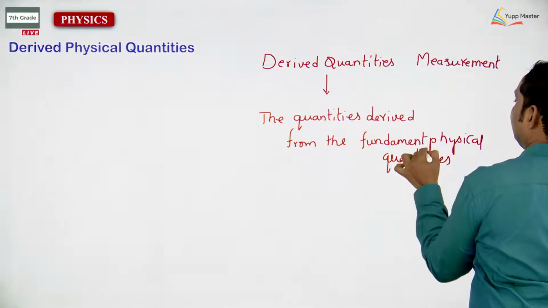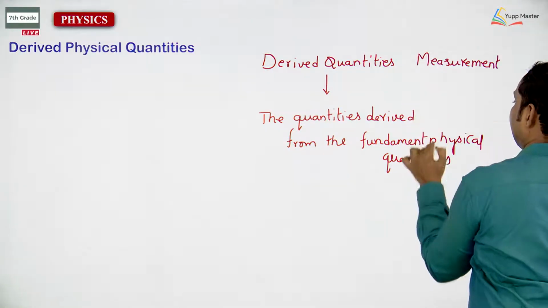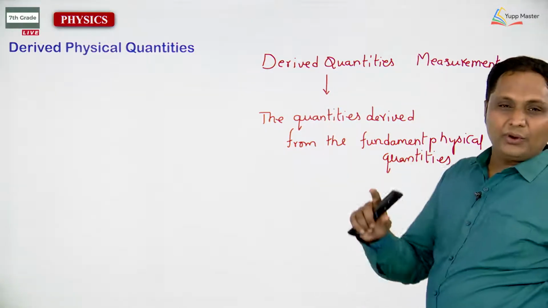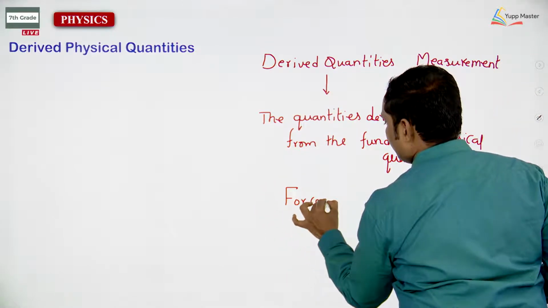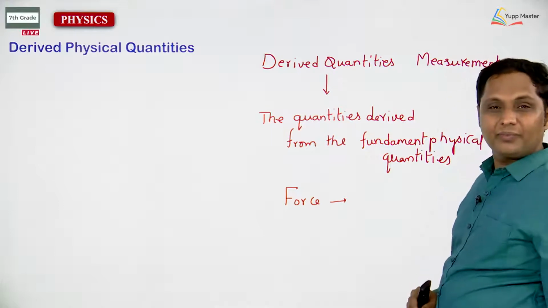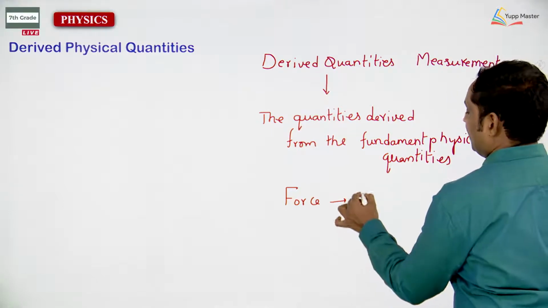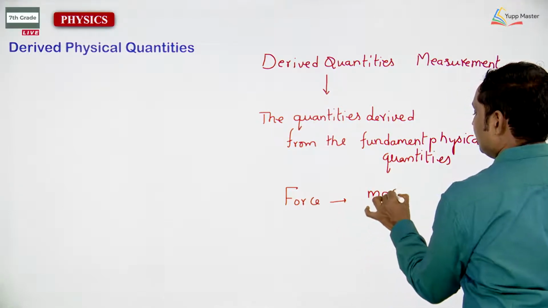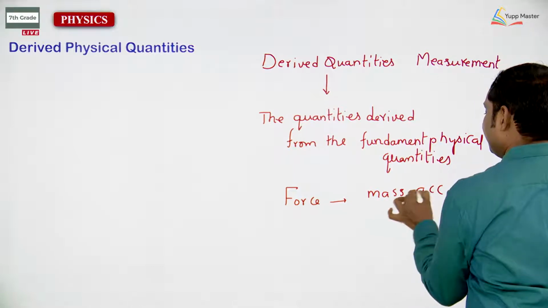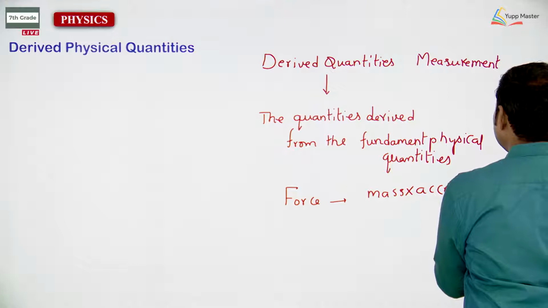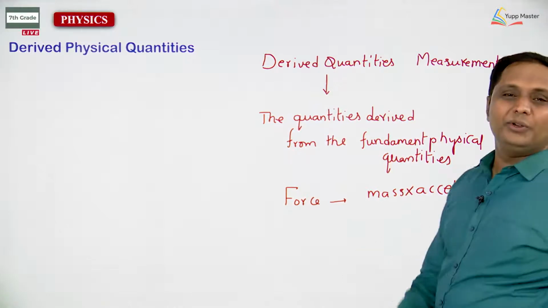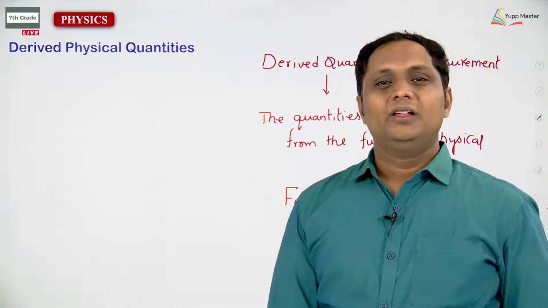Right, they are known as derived quantities. We can take one example. If you are going to take force, it's a derived quantity. It depends on mass and acceleration. Very clear. We are going to know about derived quantities.